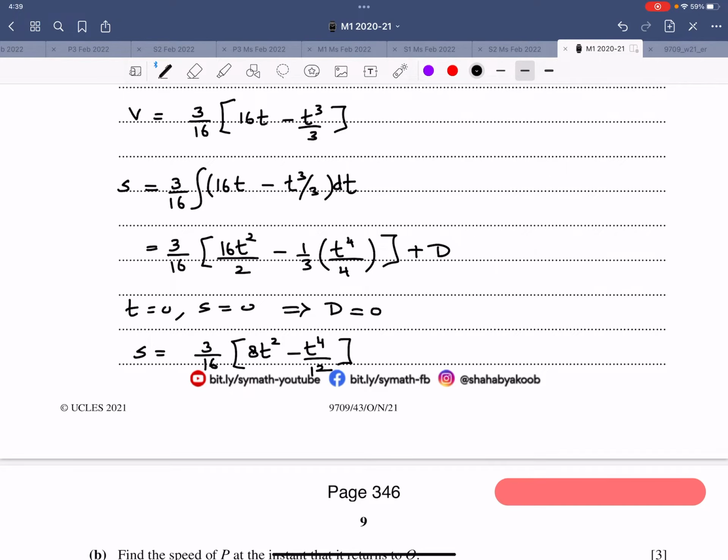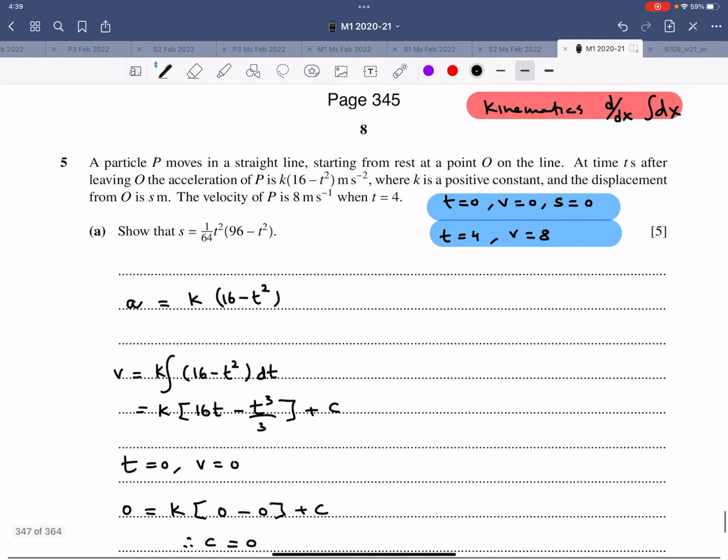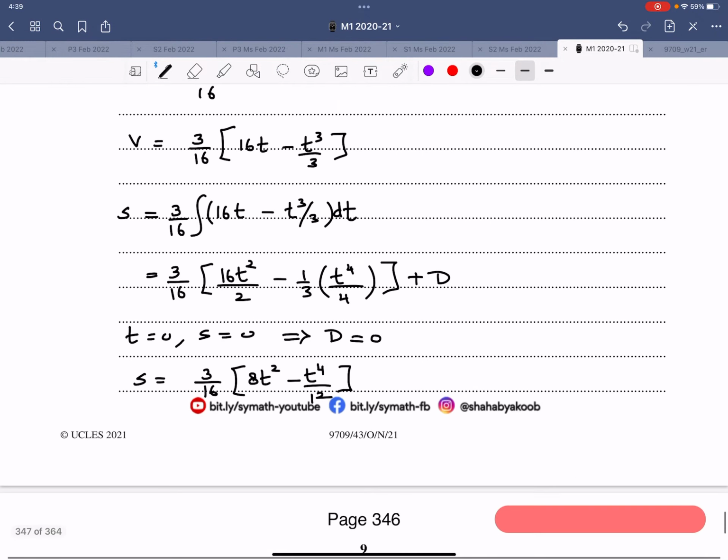Let me double check what's the answer: 1 over 64, t square, 96 minus t square. So they have taken something common out. Let me go to that extent. S is 3 over 16 and take the LCM. 12 8s are 96, so that is 96 t square minus t power 4, divided by 12.